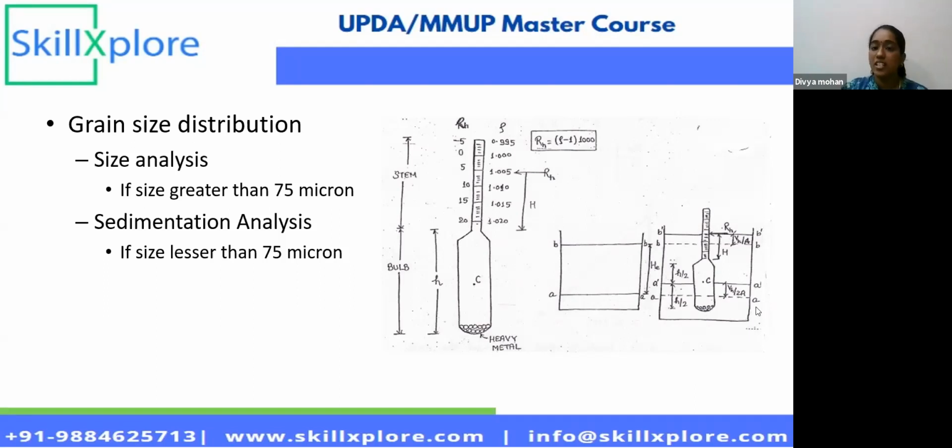So the density of the soil water will be less, and the hydrometer will alter its position in the water. Based on the position of the hydrometer, the readings are recorded, and with that we analyze the soil size distribution.